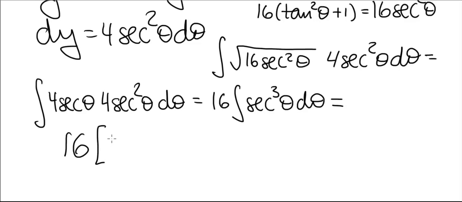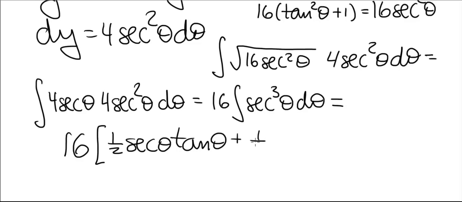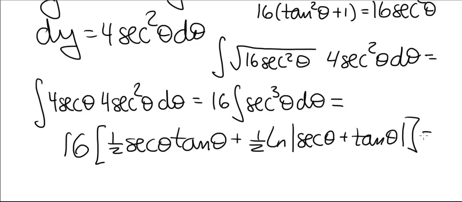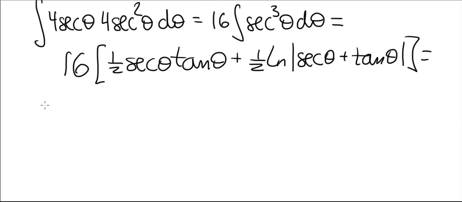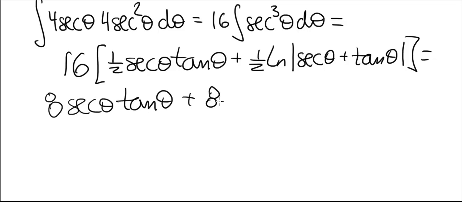The integral of secant cubed is 1/2 secant theta times tangent theta plus 1/2 times the natural log of absolute value of secant theta plus tangent theta. And so, multiplying by 16, our solution in variable theta is 8 secant theta times tangent theta plus 8 times the natural log of absolute value of secant theta plus tangent theta.